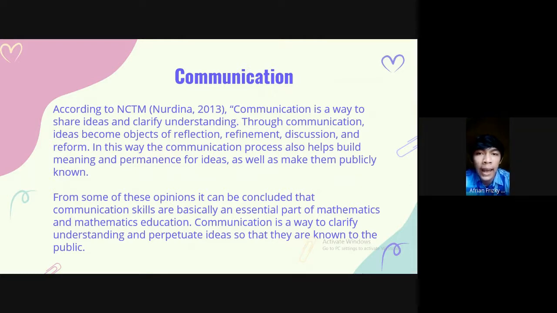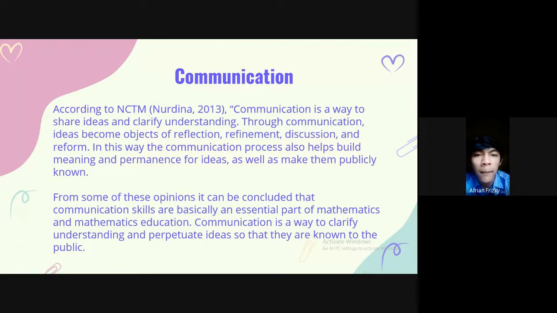And then we have the third ability of NCTM, that is communication. According to NCTM, communication is a way to share ideas and clarify understanding. Through communication, ideas become objects of reflection, refinement, discussion, and reform. In this way, the communication process also helps build meaning and permanence for ideas, as well as make them publicly known.